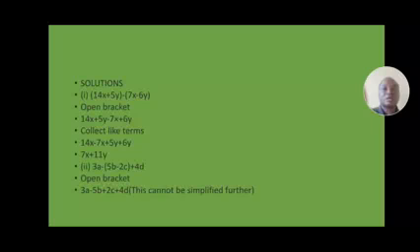Let's take the first question. (14x + 5y) - (7x - 6y). First thing you do is to open the bracket, because in every expression, when there's a bracket, the first thing you do is to open the bracket. So when you open the bracket, we have 14x + 5y - 7x.